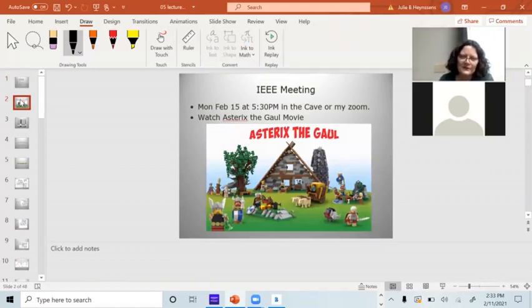Monday, February 15th at 5:30 in the cave. You can come into the cave. We'll probably go out to, I think I checked, either 234 or 235 is open. We can use the projectors there to project the movie, and we can have a lot more chairs for people to spread out. We're going to watch Asterix, the Gaul movie. It's called Asterix and the Magic Potion.